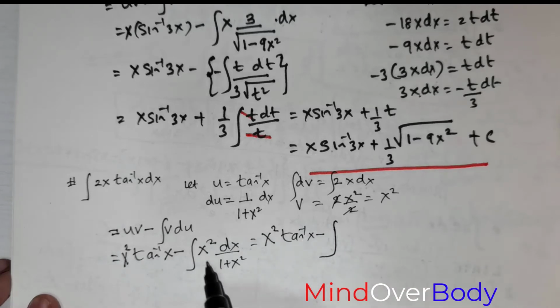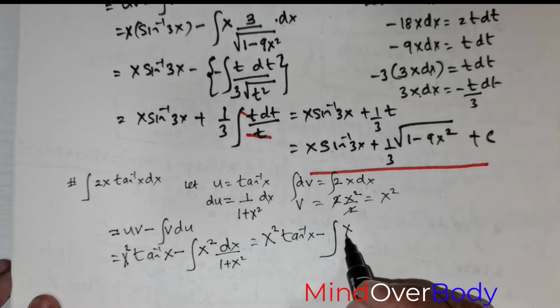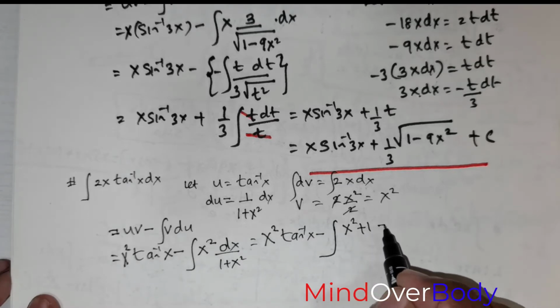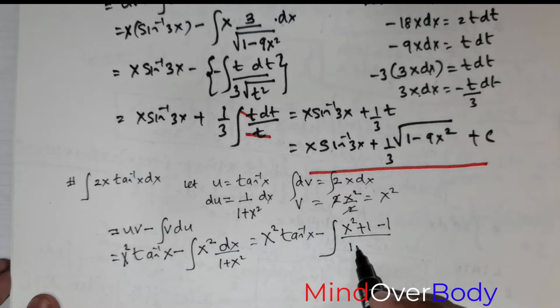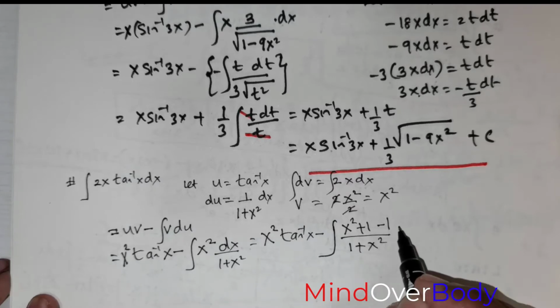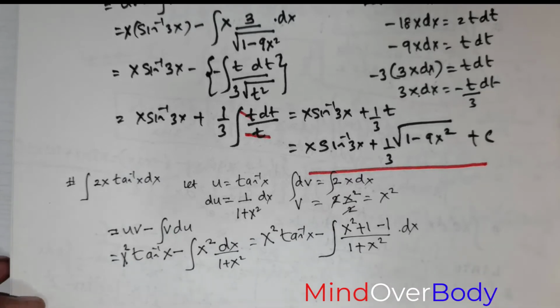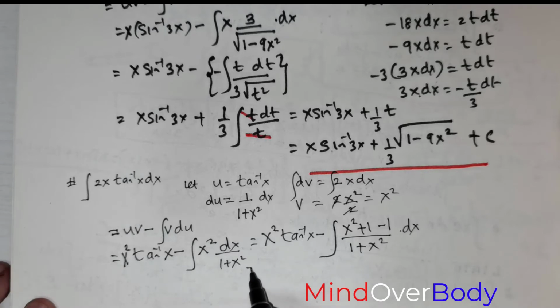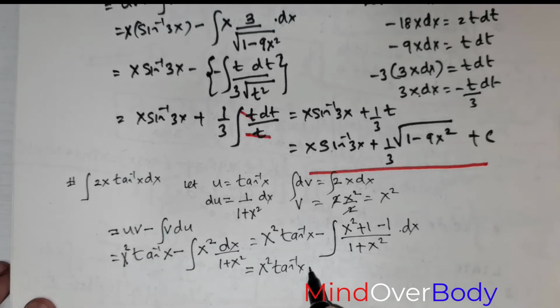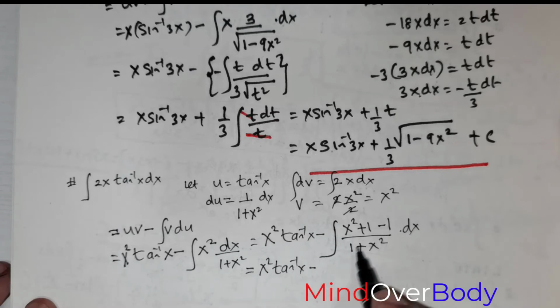Now in the numerator I got x squared, in the denominator I got 1 plus x squared. So what I would do is I would add a 1 and I will subtract a 1. So denominator remains as it is, so this has to be followed with the dx. So I'm going to rewrite this as x squared times tan inverse of x followed by a negative sign. I'm going to split this integral in the following fashion.